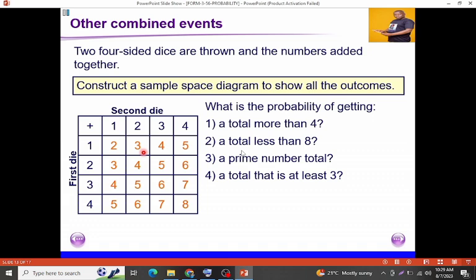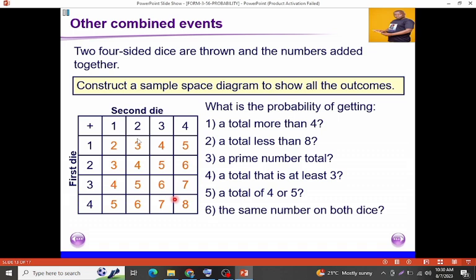What is the probability of getting a total that is at least a 3? At least a 3. In other words, anything from 3 and above. So in this case you have 2, 3, and 3. A total of 4 or 5. You can do that.